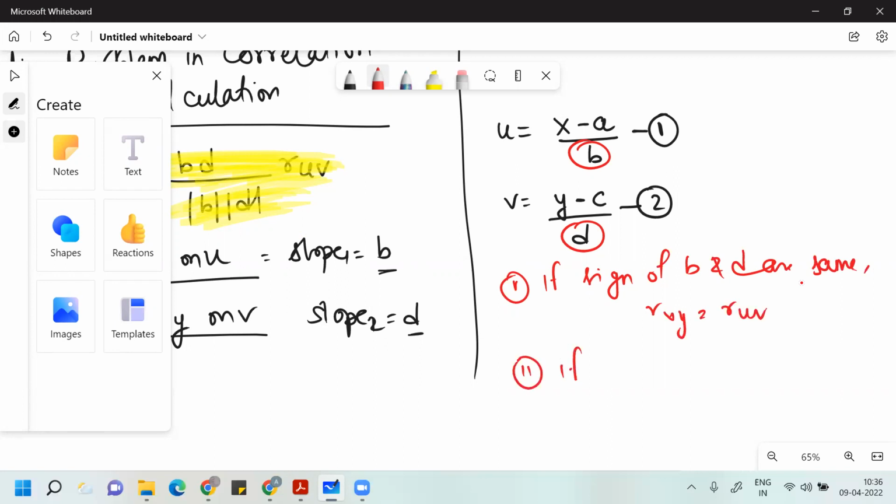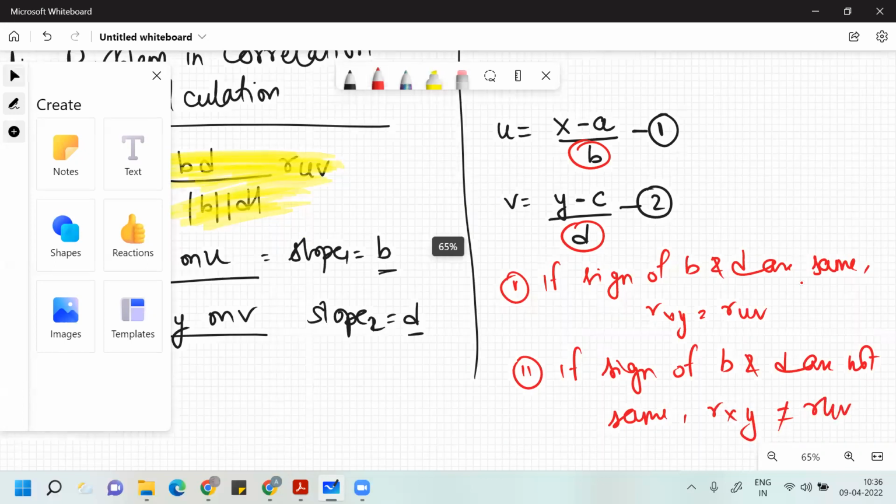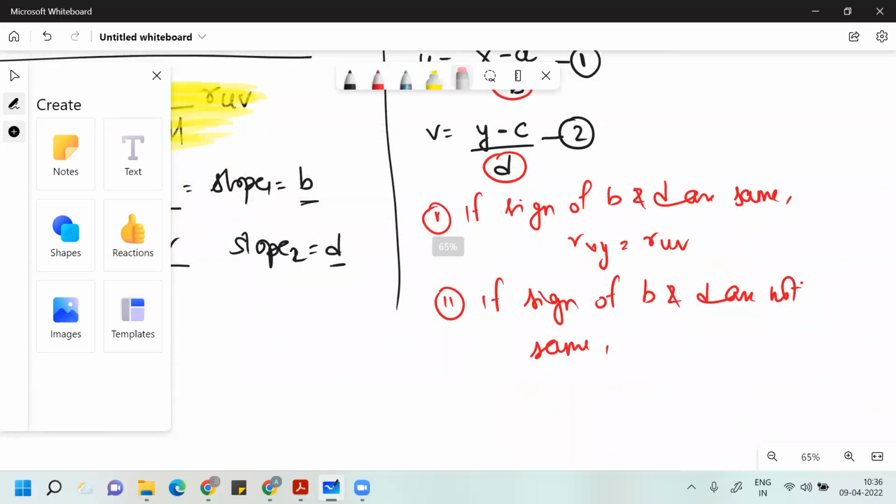Similarly, if the sign of b and d are opposite, maybe one is positive and the other is negative, or one is negative and the other is positive, then r of xy will not be equal to r of uv. Not equal means they have opposite signs. You can say r of xy will have a negative sign relative to r of uv.